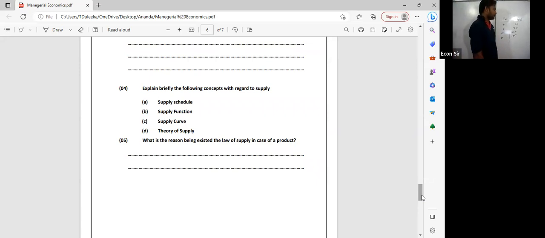Supply schedule is the arithmetic presentation of the law of supply. ඒ කියන්නේ සැපයුම් නීතියේ අංක ගණිතමය ඉදිරිපත් කිරීම. අපි කියනවා සැපයුම් ලේඛනය.